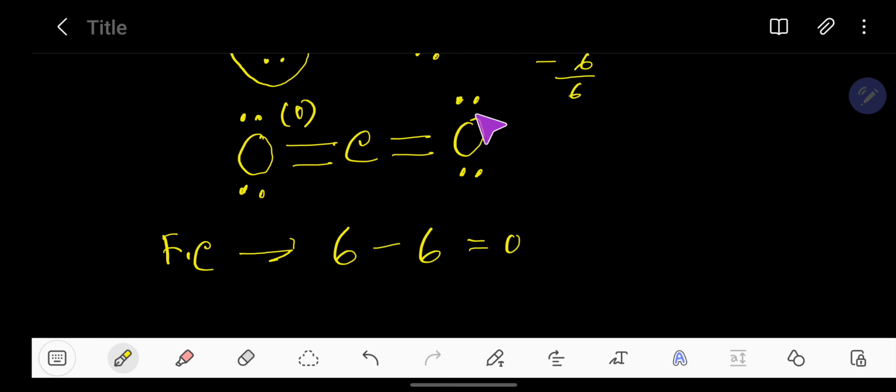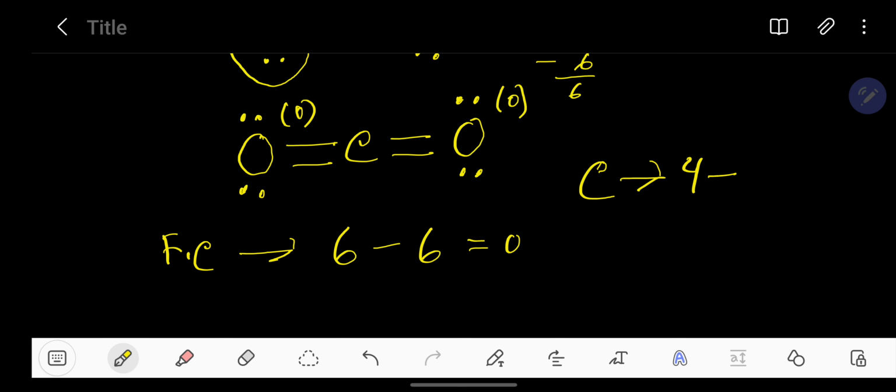So what will be the formal charge of this oxygen? This oxygen also has 0. So what is the formal charge of this carbon? Carbon, look, in a neutral or isolated carbon has 4 valence electrons, and here we have assigned how many?